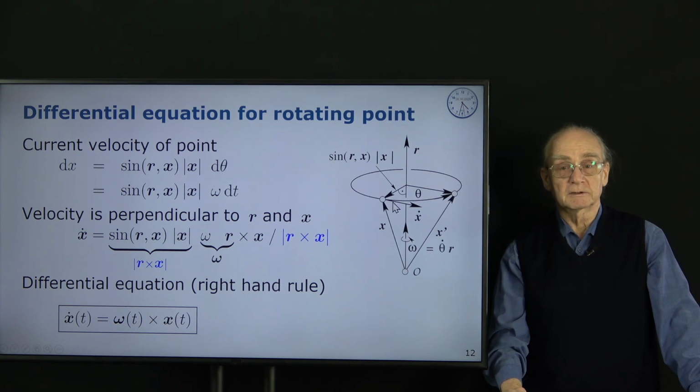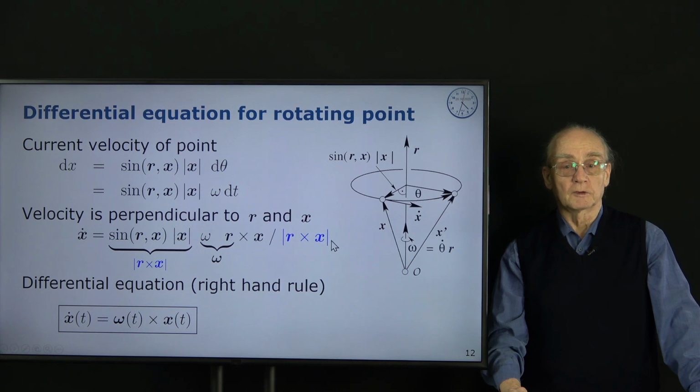And this tangent direction is perpendicular to the rotation axis and the direction of x. So we take our length, sine, multiplied with length, multiplied with omega. This is this expression from here to here. And multiplied with the direction vector. So we take r cross x, which is the direction of some length, and divide it by the length. So this is a unit vector from here to here.